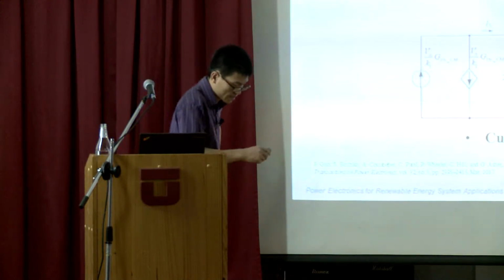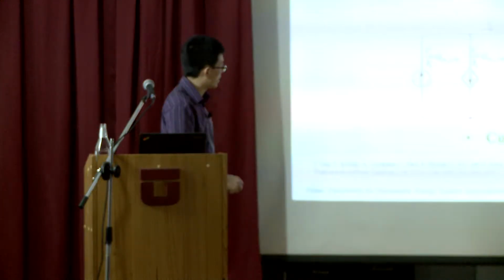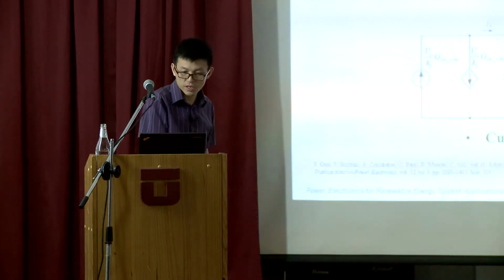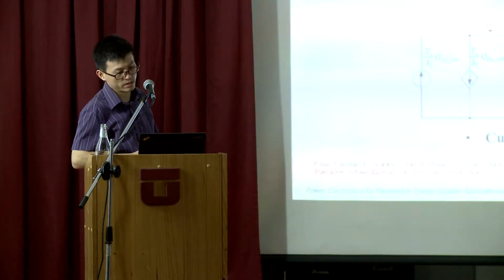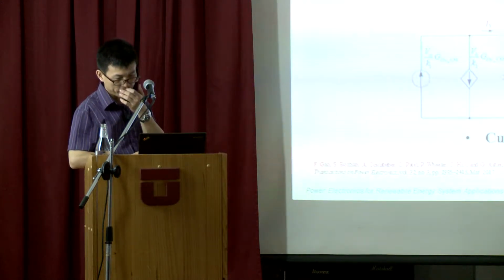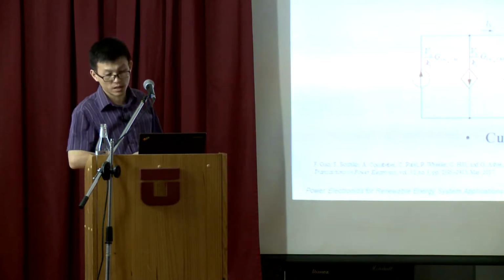I'm not going into detail of this. If you read a paper from our student Figao, you will probably see more detail. Essentially, what I want to tell you is that it's based on small signal analysis, and then we derive this equivalent circuit to look at the impedance of different droop control modes.